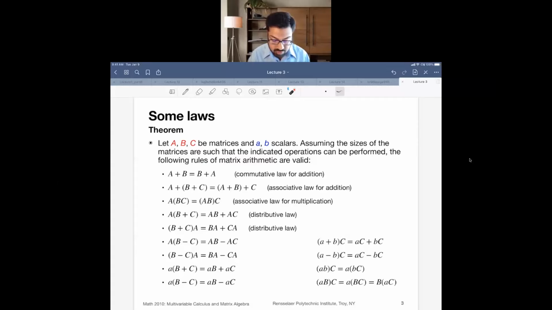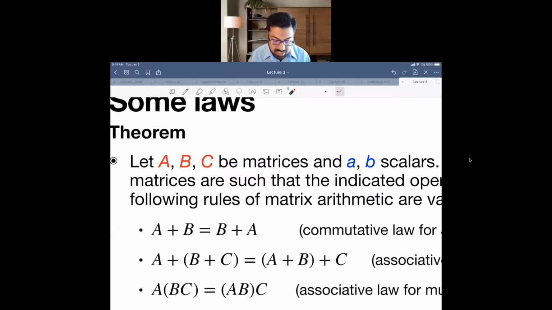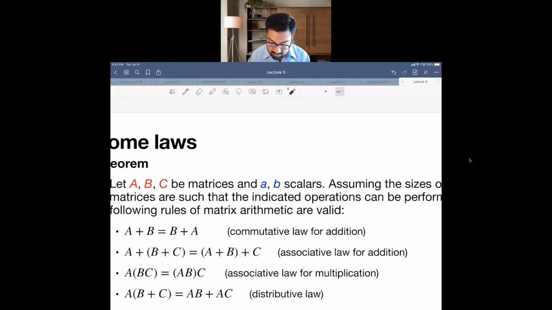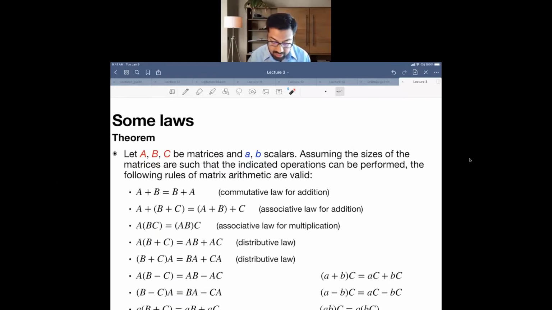For describing these laws, we have 3 matrices that we are considering, A, B, and C. And we are also using 2 scalars, small a and small b. And we are assuming, and this is important, that all the operations, whether it is matrix addition, subtraction, multiplication, and whatnot, can be performed, which means that the sizes of the matrices are appropriate for the matrix arithmetic to be valid. So we are making that assumption.